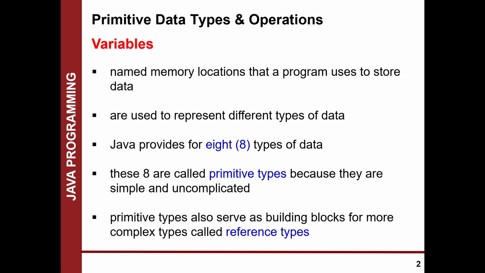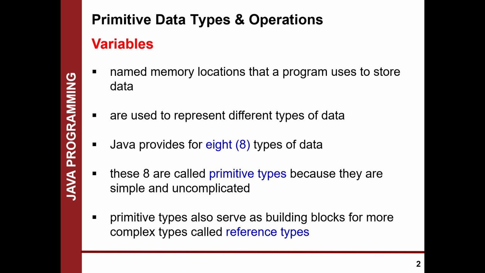This whole process is called variable declaration. So the memory space that the computer will leave for your program, for you to store your data into it and later access it, is what we call variables. So a variable is a named memory location that a program uses to store data.